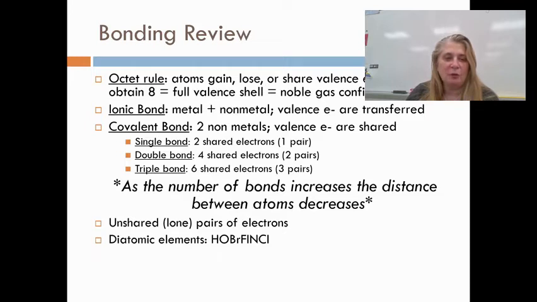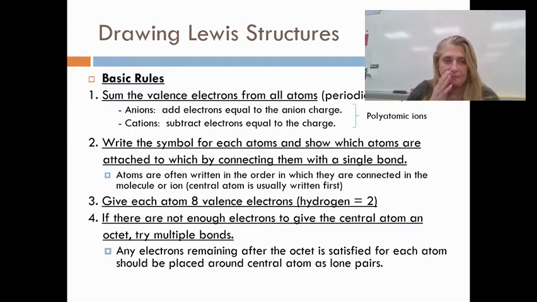Hydrogen, bromine, fluorine, iodine, and chlorine have single bonds. Those are all dead ends. They tend to form one bond. Oxygen has a double bond, and nitrogen has a triple bond. That's why nitrogen stores so much energy in its bond.